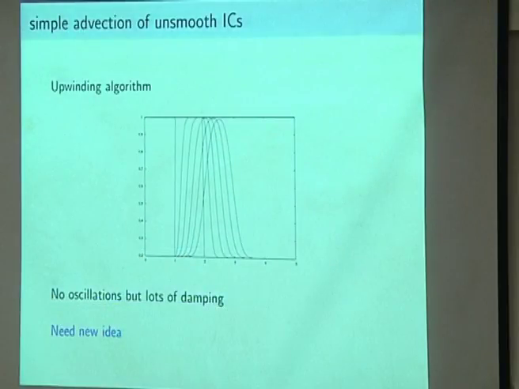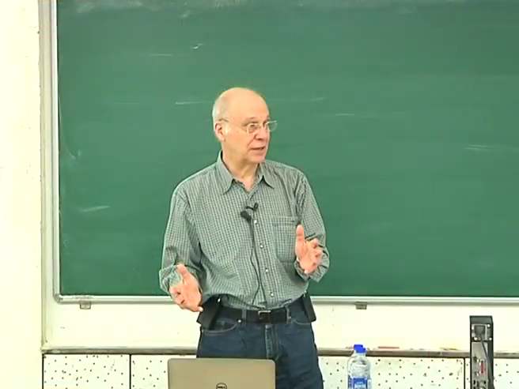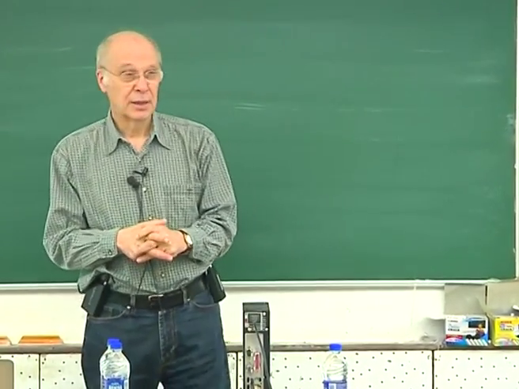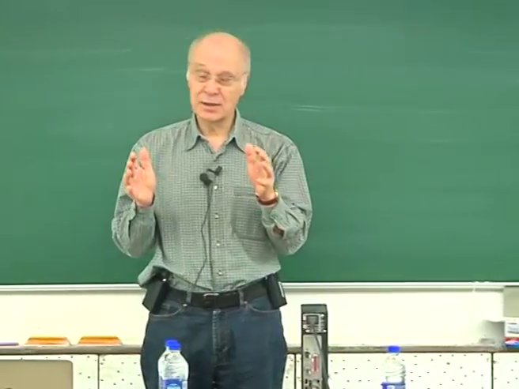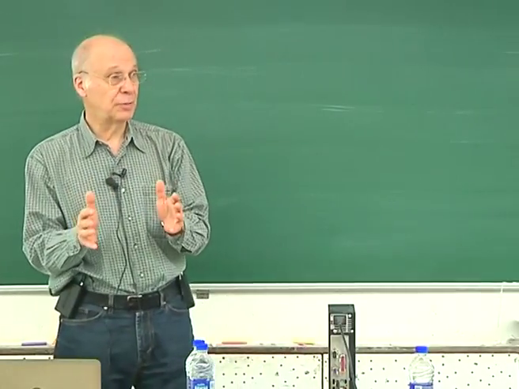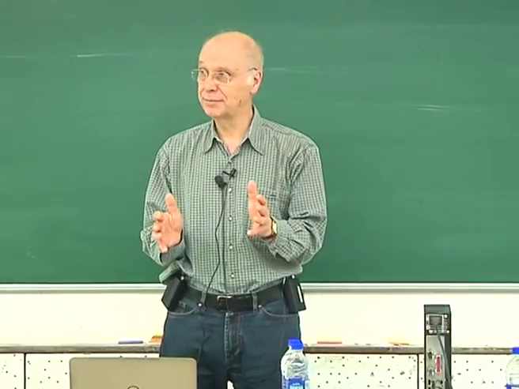So there's the initial square wave, and it is turned into a smooth solution, but it doesn't have nasty oscillations. So what was a bad method, the first order methods for smooth data, turns into a good method with discontinuous data. So we need a new idea which somehow uses second order methods on the smooth part and uses first order methods on the discontinuous part.